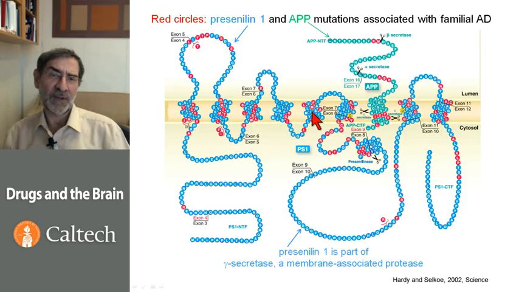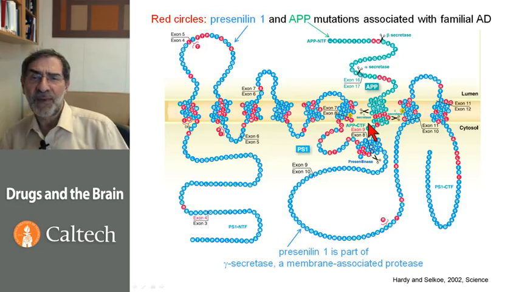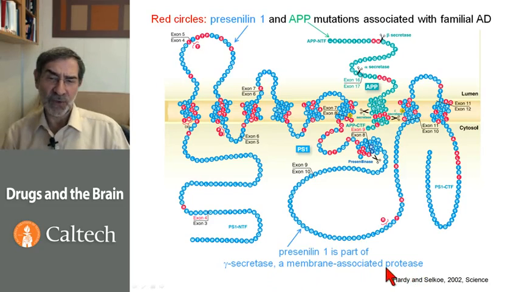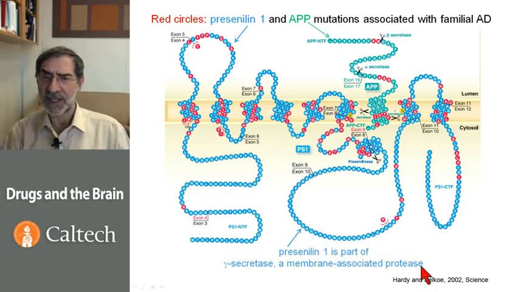Each of these red amino acids can be mutated, and certain mutations then do cause Alzheimer's disease. APP, we will talk about in a moment. Presenilin-1 is part of a large protein complex called gamma secretase, which is a membrane-associated protease. You'll remember that a protease is an enzyme that cleaves other proteins.